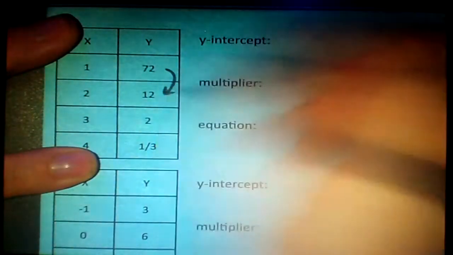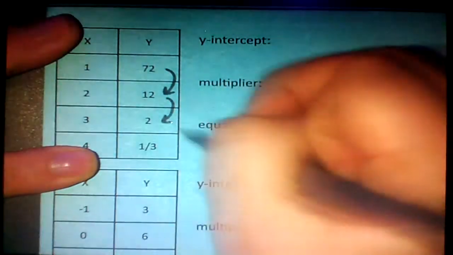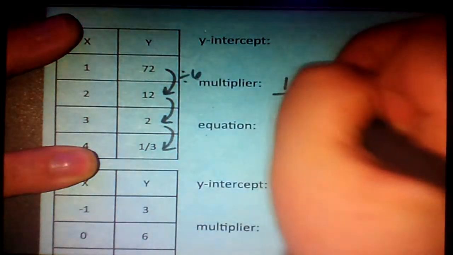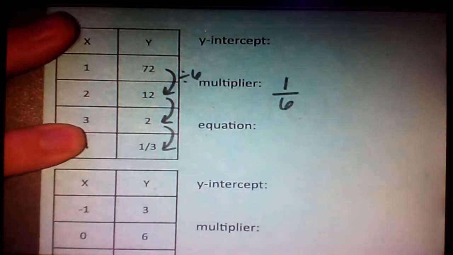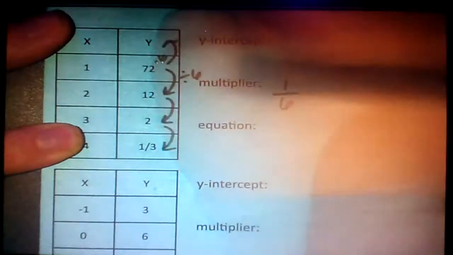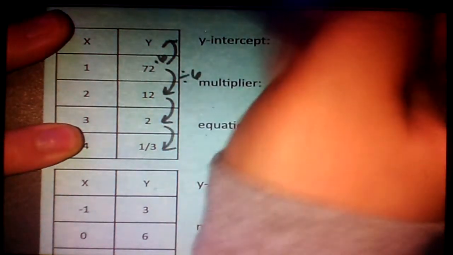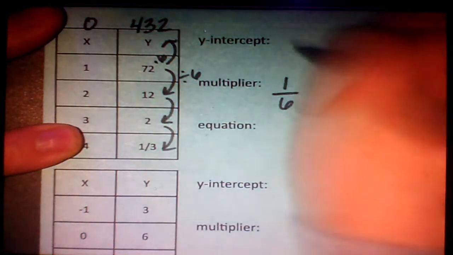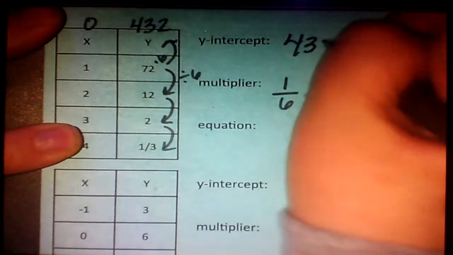So Alexis says, as I'm going from 72 to 12 and 12 to 2, I'm dividing by 6 or multiplying by 1/6. So my multiplier is 1/6. So to work backwards, I would have to multiply by 6. And you said we get 432. So your 0 then, your y-intercept is 432.